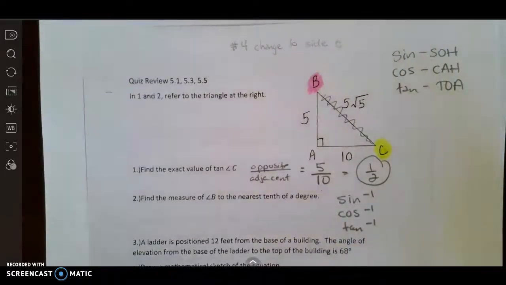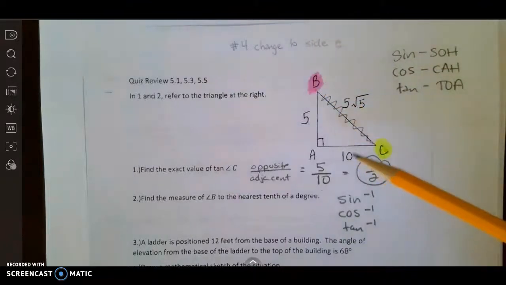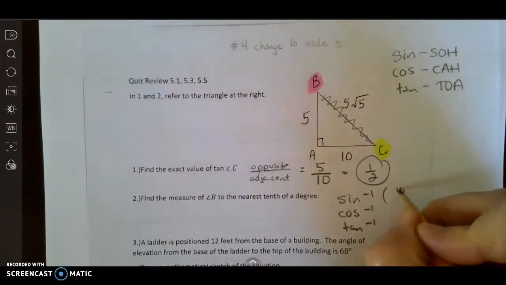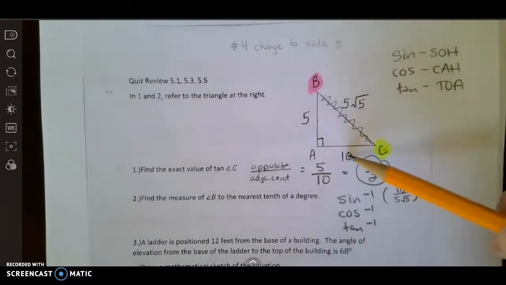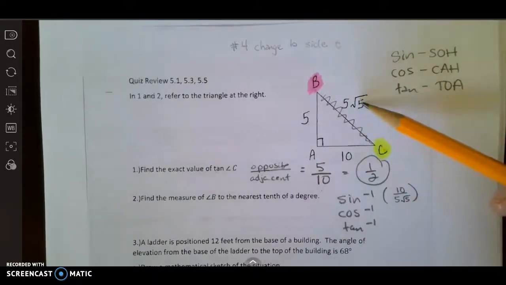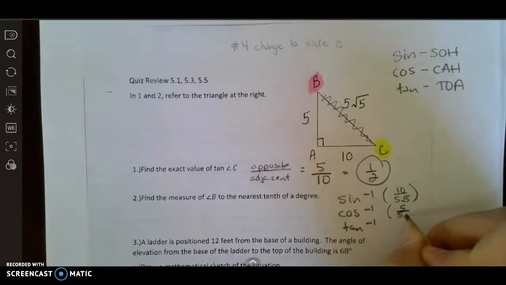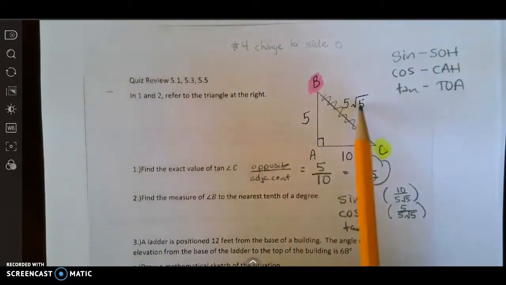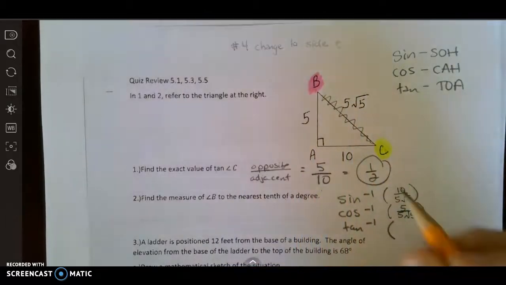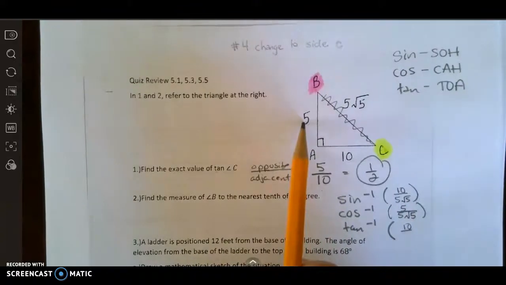I have to decide which one to do. Inverse sine would be opposite over hypotenuse, 10 over 5 square root of 5. Inverse cosine would be adjacent over hypotenuse, 5 over 5 square root of 5. Inverse tangent would be opposite over adjacent.